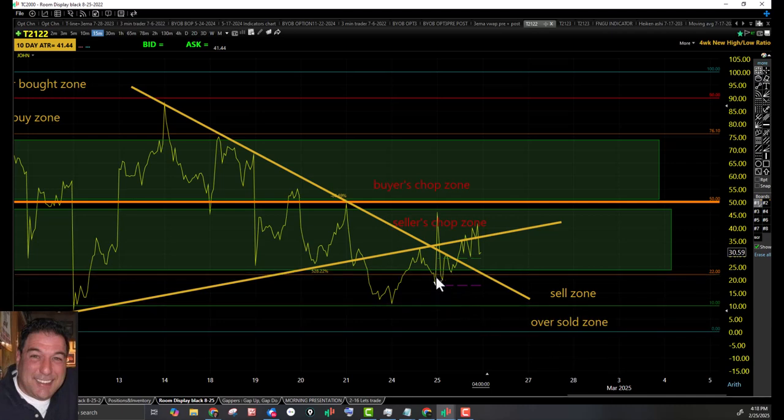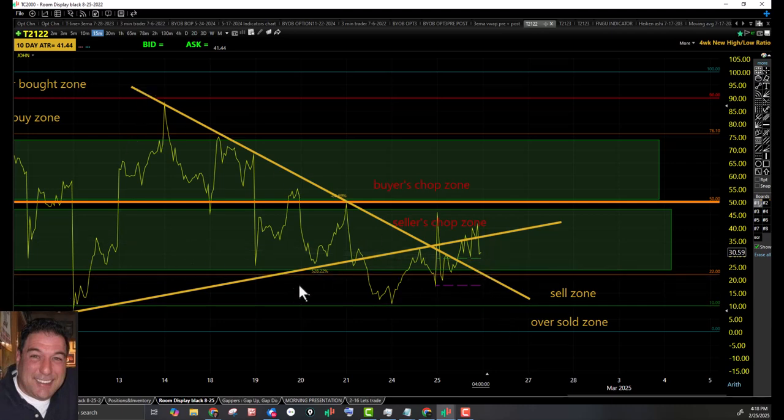And from there, we made a higher high and a higher low and a lower high and another higher low, and we just kind of muscled our way. That's the only way I can put it, because there was definitely the weight of the world on the market. Our way back out of the sell zone into the seller's chop zone. That's the only way to put it right there. That was a lot of muscling going on to bring us right back into the seller's chop zone.